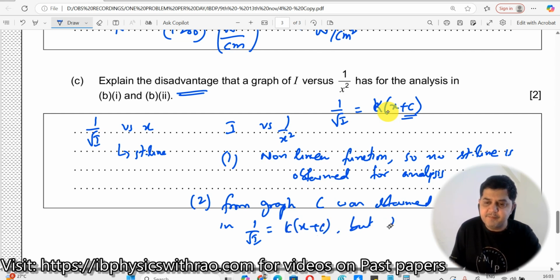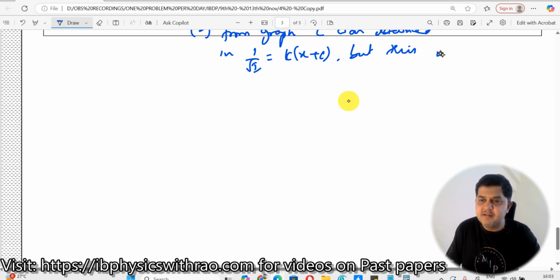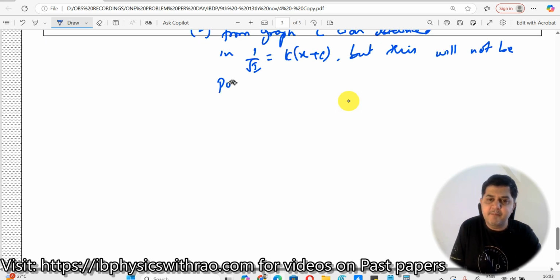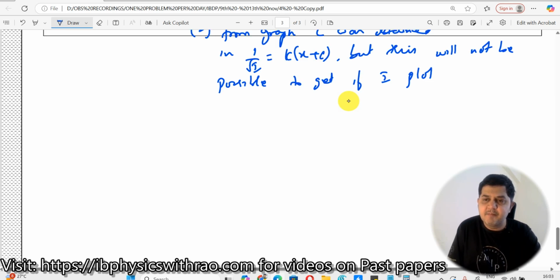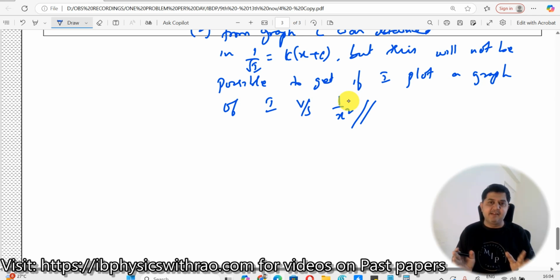But this will not be possible to get if I plot a graph of I versus 1 by x square. So this is one of the headaches that we have over here, because you are not able to separate the variables, and as a result of it, you cannot do this.